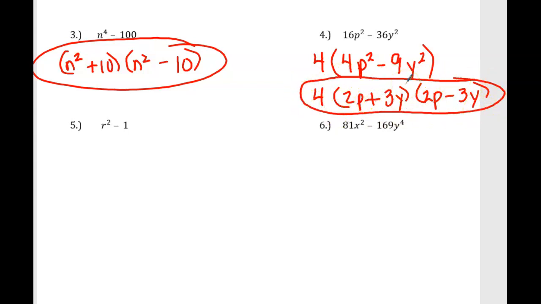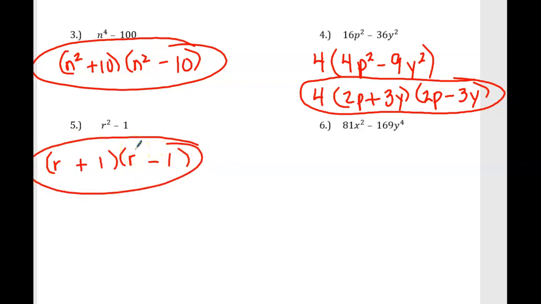There it is. Okay, number 5, we have the square root of r squared is r, and then we would have plus 1 minus 1 because the square root of 1 is just 1. So 1 is a perfect square. All right, number 6, 81, 169.